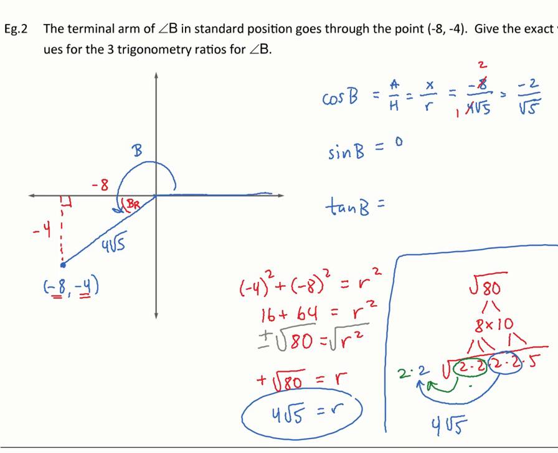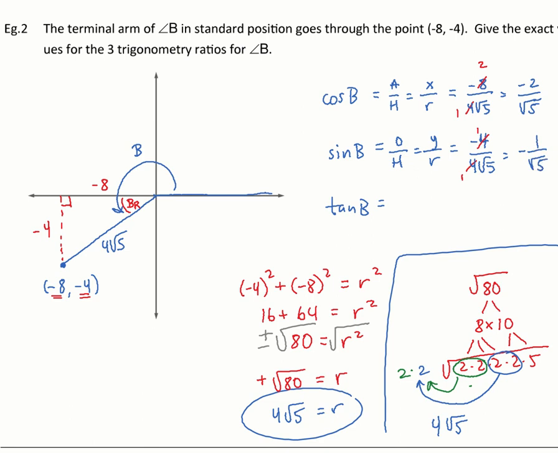Sine B is opposite over hypotenuse, or y over r. Whatever you want to call it, it's still -4 over 4 root 5, and we can reduce the 4's and write this as -1 over root 5.